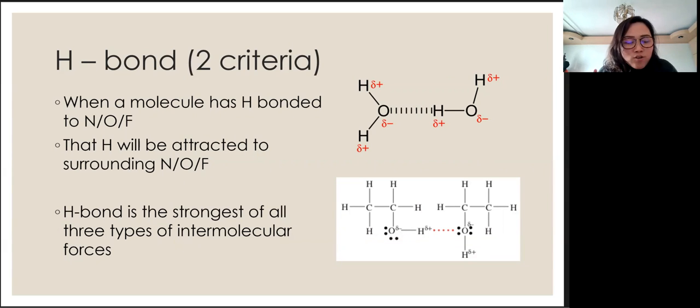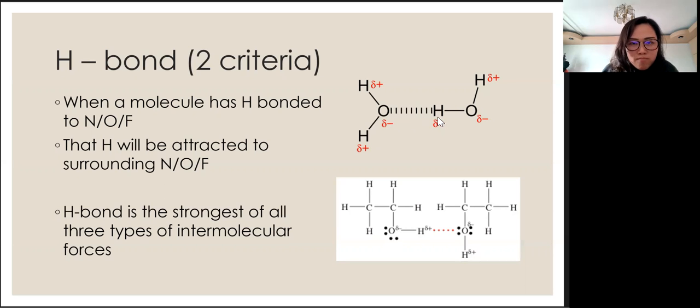The hydrogen that is able to form a hydrogen bond must itself be covalently bonded to N, O or F. That is to say, within that molecule, the hydrogen must be connected to N or O or F.